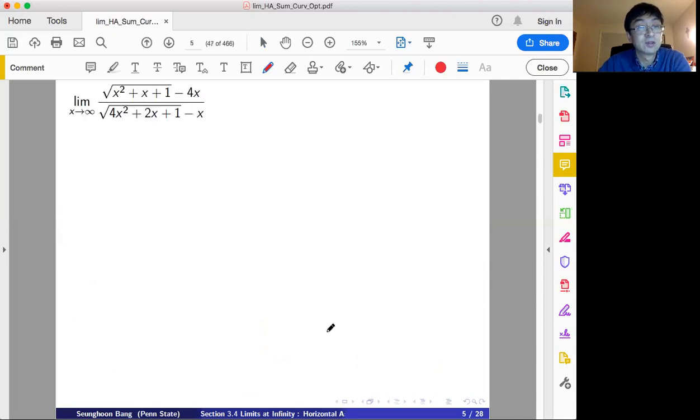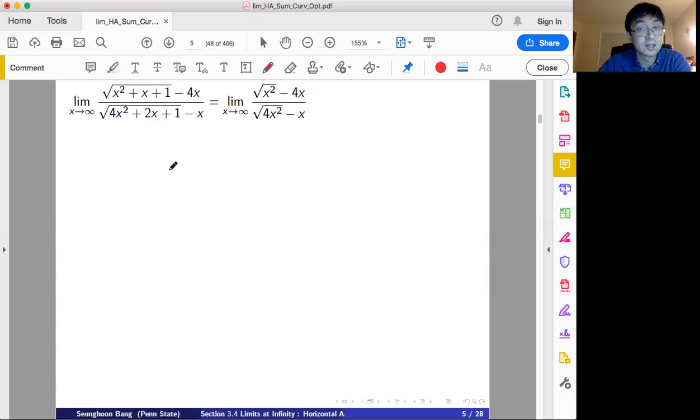The limit of the square root of x squared plus x plus 1 minus 4x over the square root of 4x squared plus 2x plus 1 minus x as x approaches positive infinity. How can you solve it? Same idea. You have to eliminate lower terms.